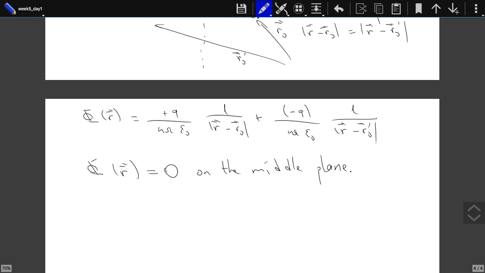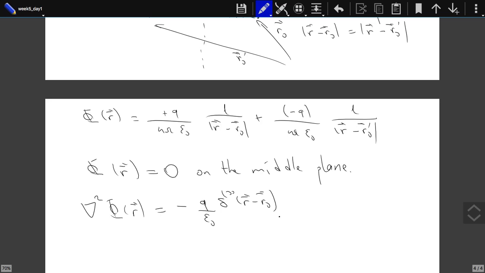Now, when I act with the Laplacian on phi, what do I get? Well, I know that this is the potential created by a point charge at the point r0. And so the charge density corresponding to this point charge will be Q over epsilon 0 times the Dirac delta of r minus r0.